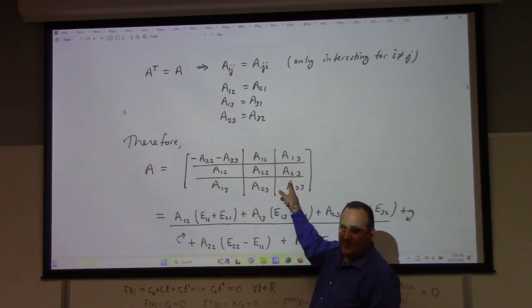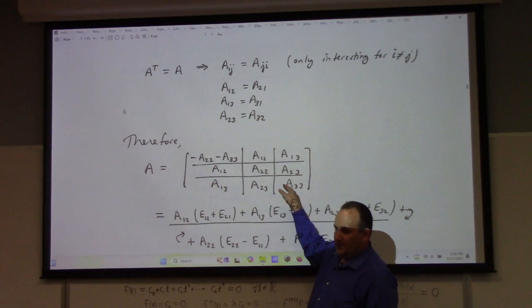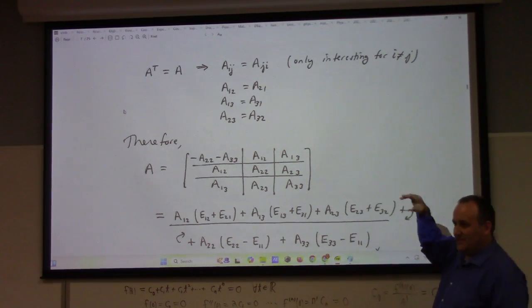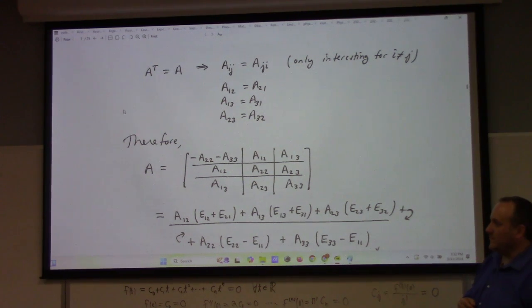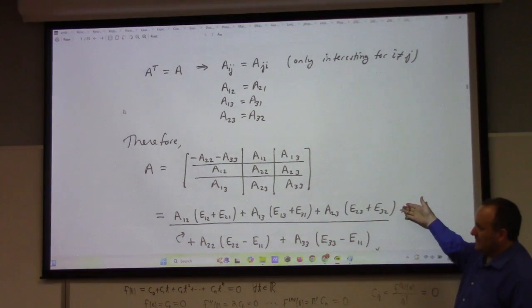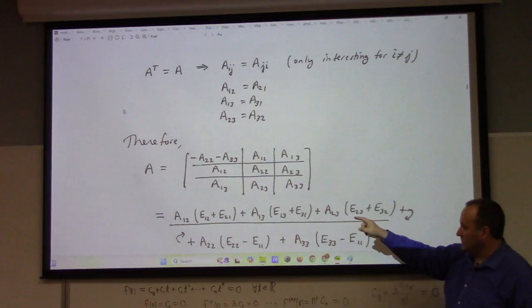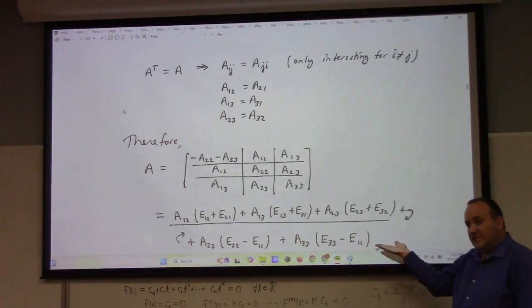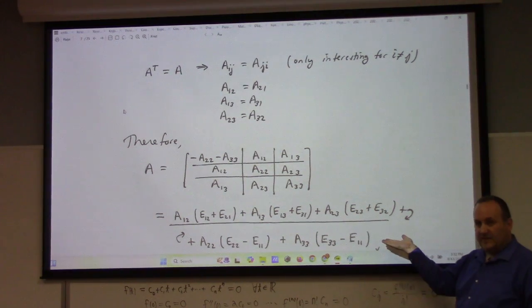Or you could do something funkier where you did some weird thing with all 3 in such a way that it somehow still adds to 0. There are so many other things you could do, but that's what I did. And once I do that, then evidently A is in the span of these 1, 2, 3, 4, 5 vectors. Therefore, W is a subspace, right? Because it's the span of this set.